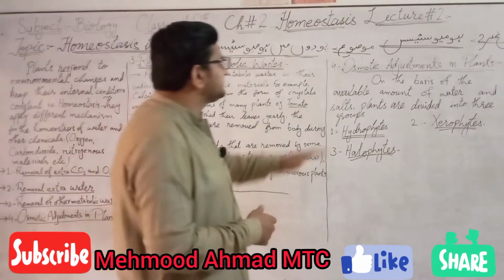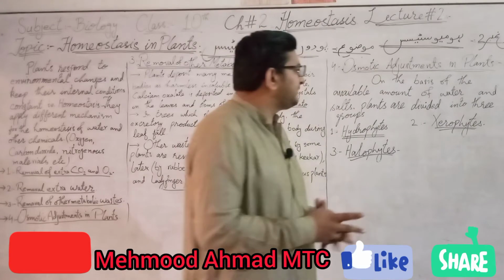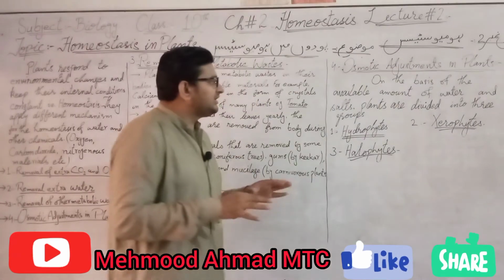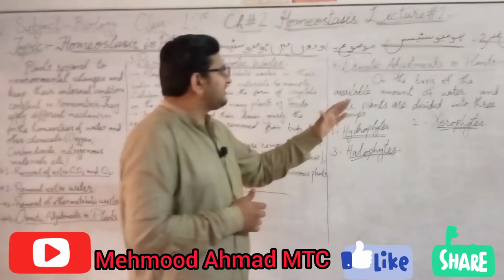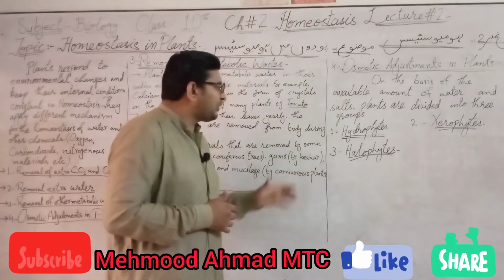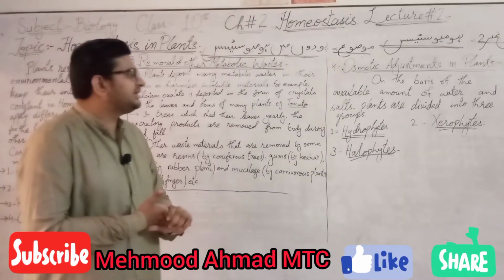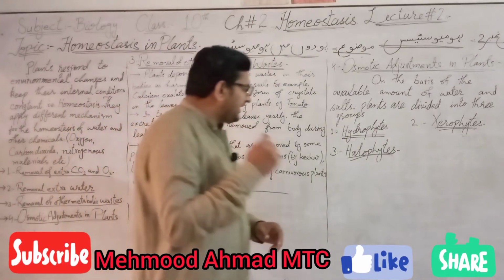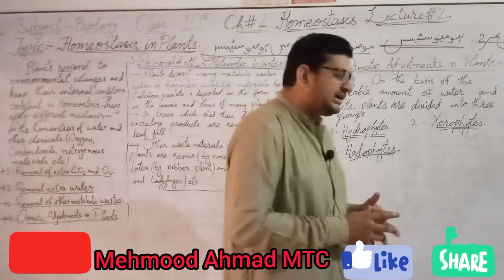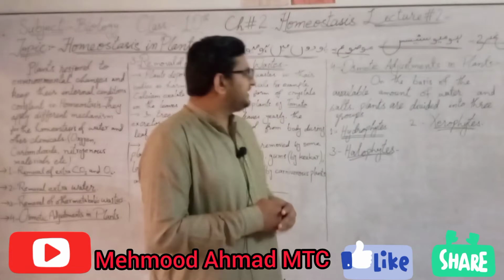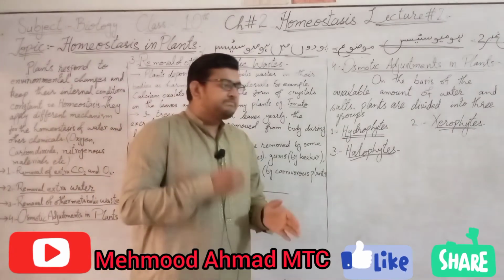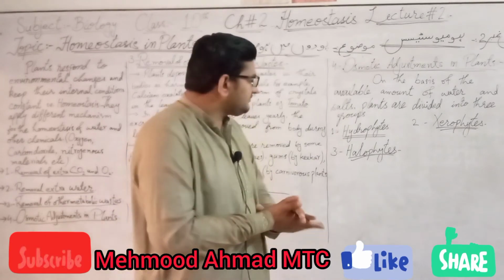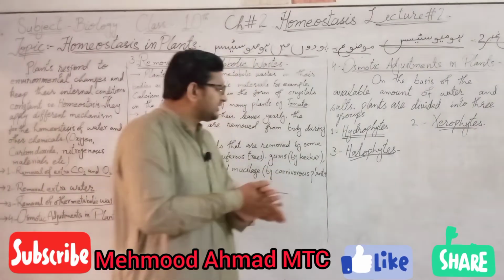The fourth topic is osmotic adjustment in plants. There are many osmotic adjustments. On the basis of the available amount of water and salts, plants are divided into three groups: hydrophytes, xerophytes, and halophytes. What are hydrophytes? Hydrophytes are the plants that live in the water, completely or partially in the water.